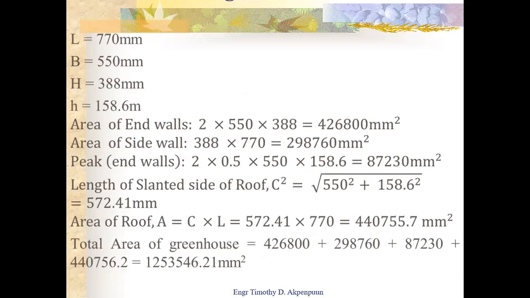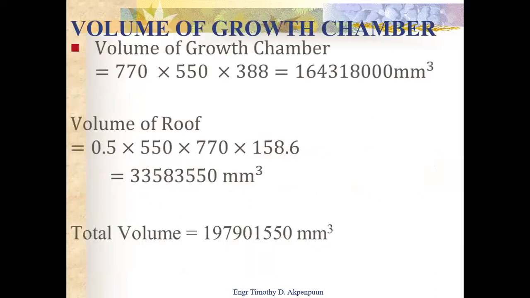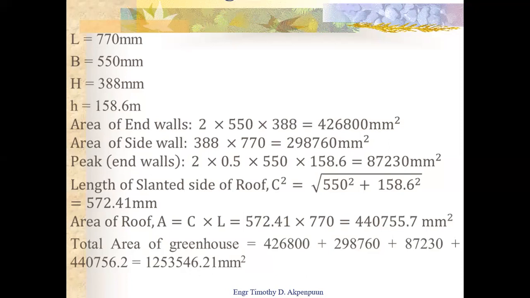So the area of my roof here is 440,755.7 mm squared. And for the total area of the greenhouse, we're going to add the area of the end walls, the area of the side walls, and the area of the roof. Well, what we're looking for is the volume of the roof.